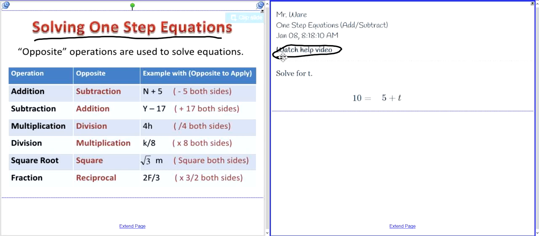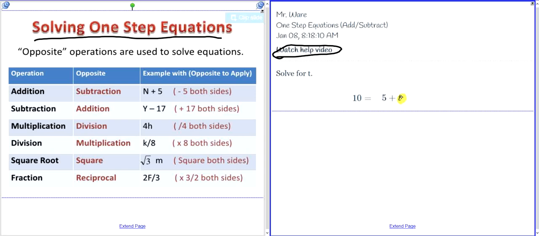So here, I've got 5 plus t, my variable. My number is being added to the variable. What I want to do is isolate the variable, get this t by itself. I want my final answer to say t is equal to this. We want to find out what it is that I add to 5 to get 10.